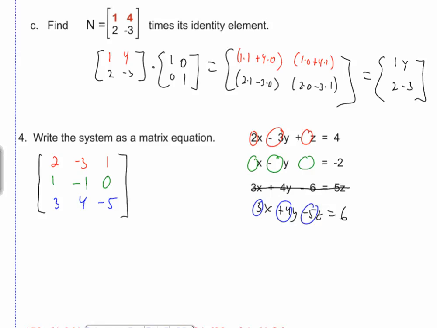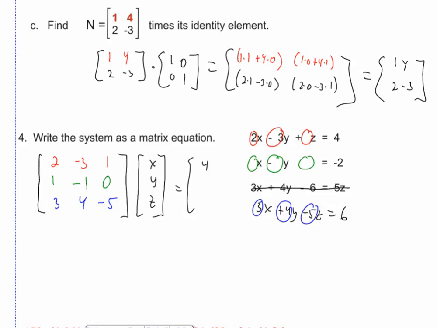Now what you do is you have right next to it another matrix. And this is going to be our variables, x, y, z. It's one column. It's a column matrix. So we have a 3 by 3 times a 3 by 1. And what would you expect as the result?